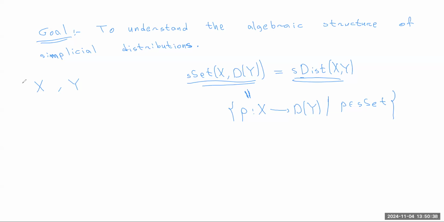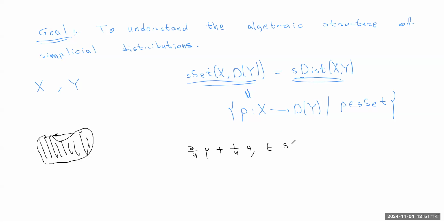I guess all of you know what a convex set is. This set, for example, is not convex because I can take one point here, another point, and the line between them is not inside the set. Here, if we take some distribution P and another simplicial distribution Q, and we take 3/4 of this plus 1/4 of this, this will again be a simplicial distribution.